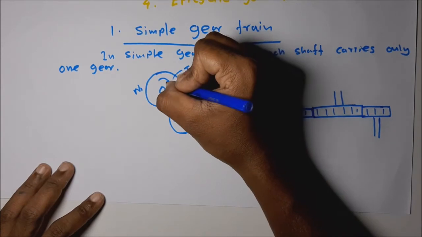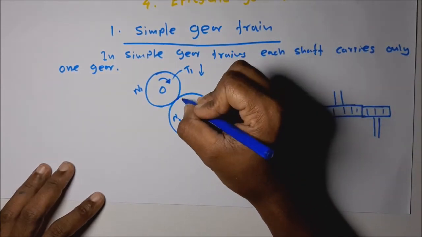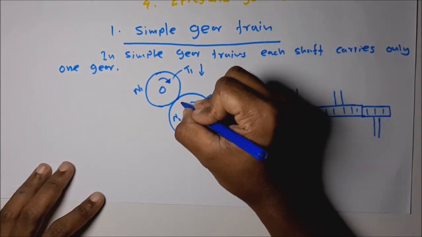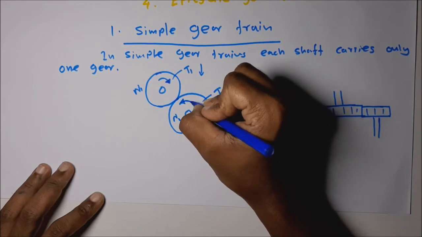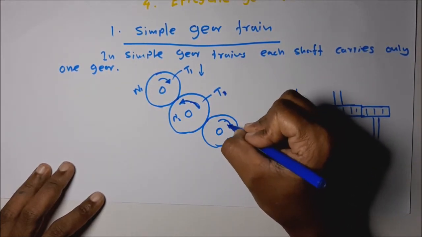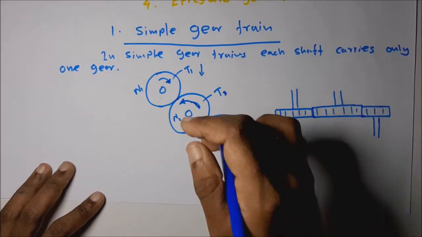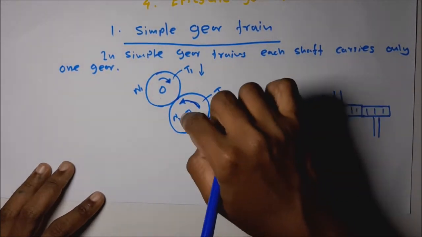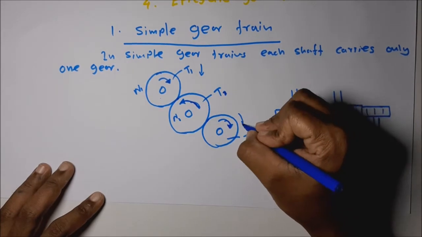If this is rotating in this direction, what is the direction of rotation of this wheel? It is in the opposite direction, anti-clockwise. If this is anti-clockwise, this side should be clockwise. Then these two rotate in the same direction. So how to calculate N3?